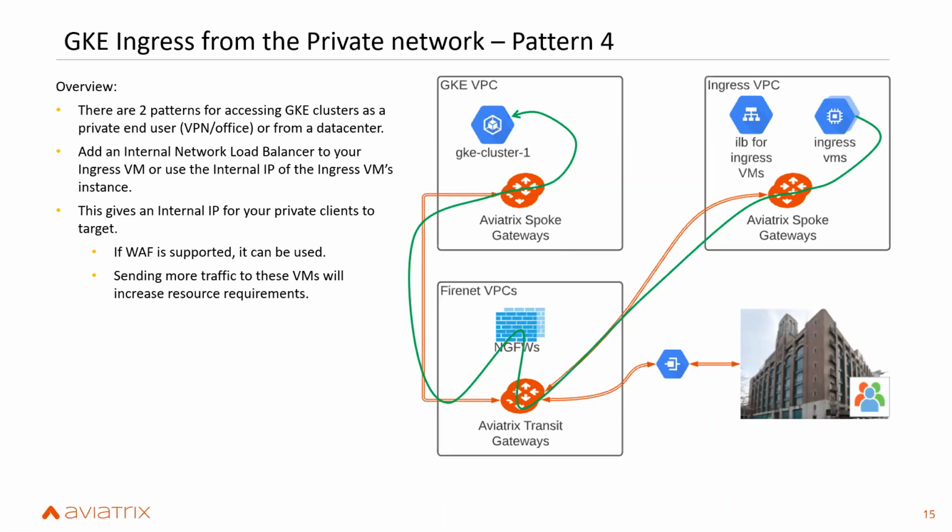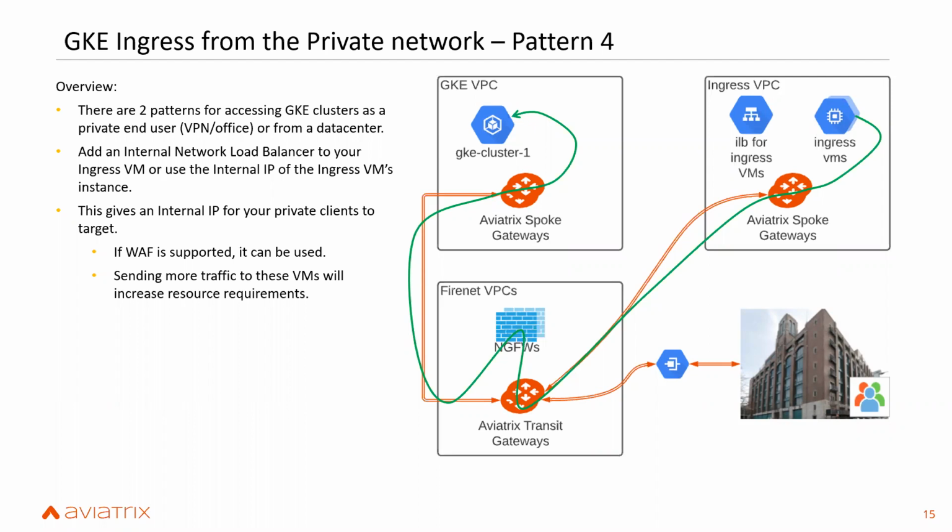Okay, so this is interesting because it looks a bit more complicated than the previous design. And if I'm not wrong, there is a double inspection happening through the firewalls. That is actually customizable. You can opt to exempt certain traffic from inspection. So in this pattern, you'd end up removing the Ingress VPC from the firewall inspection, because the GKE VPC will remain in inspection.